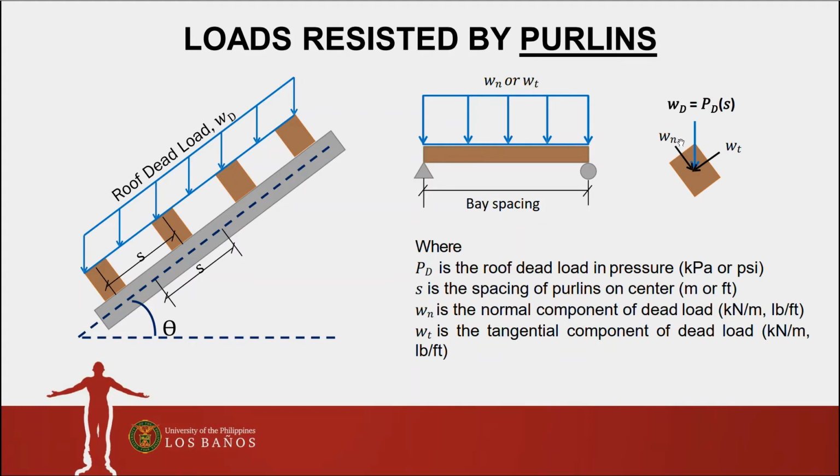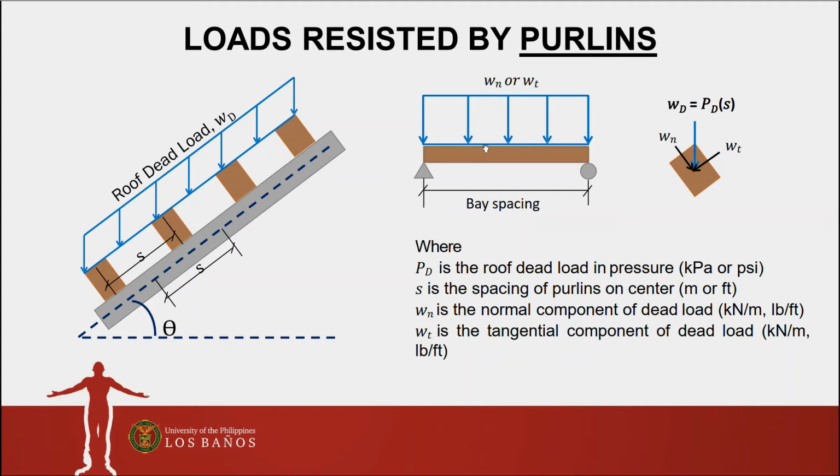For the roof dead load, since the loads are normally given in pascals, we need to convert it first into a line load, such that we determine the magnitude of the load applied on one strip of purlin.